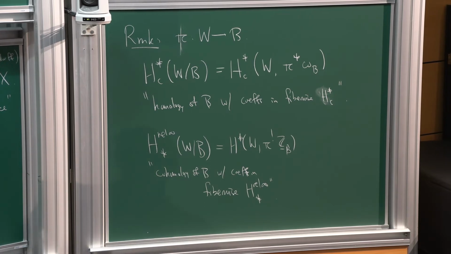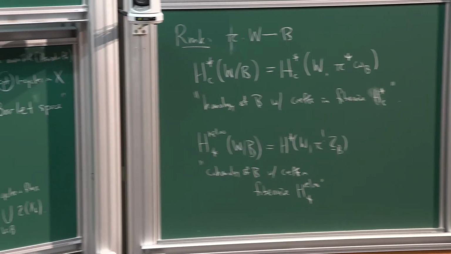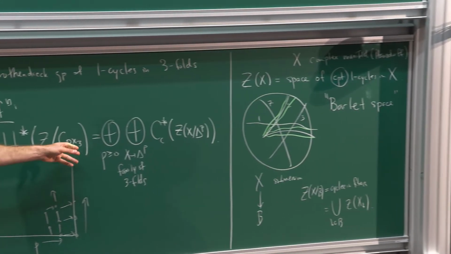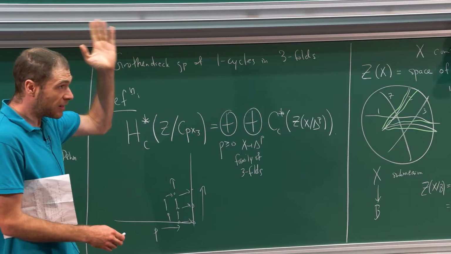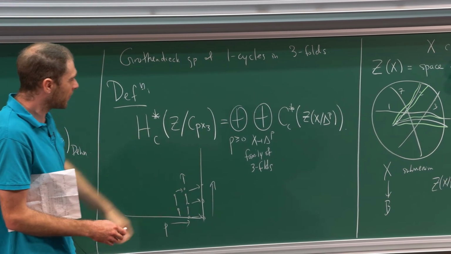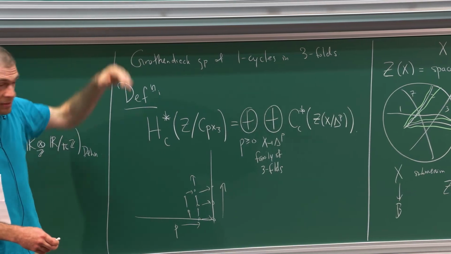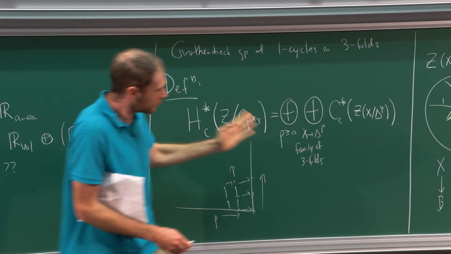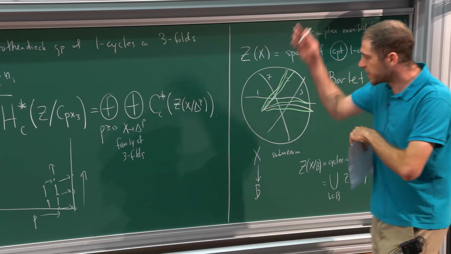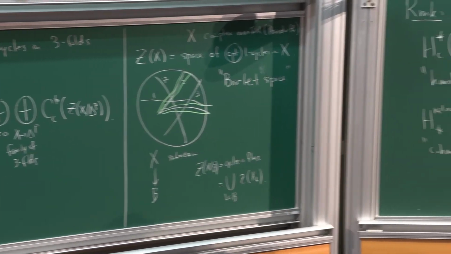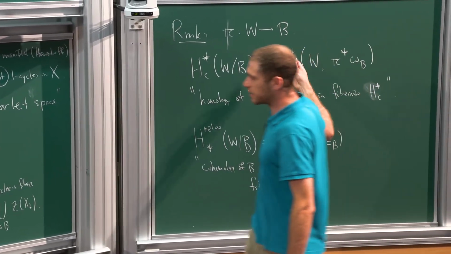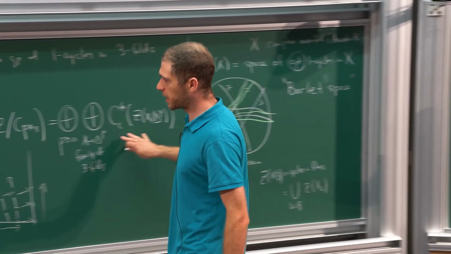Yeah, so if you imagine that CPX3 is the moduli stack of all non-compact threefolds, and Z over it is this universal space, the universal family of the space of one-cycles in the universal family, and apply this definition, this topological object, you get this complex.